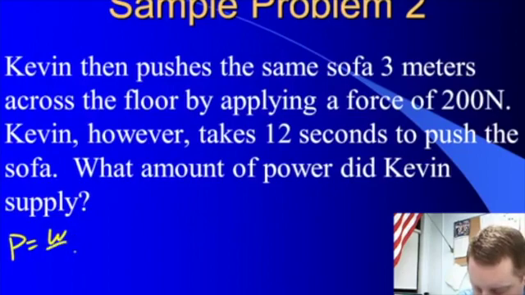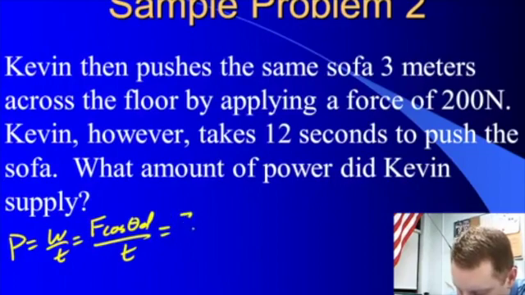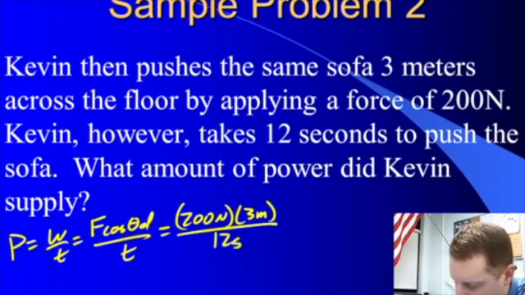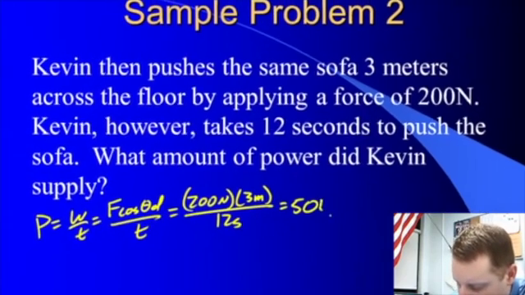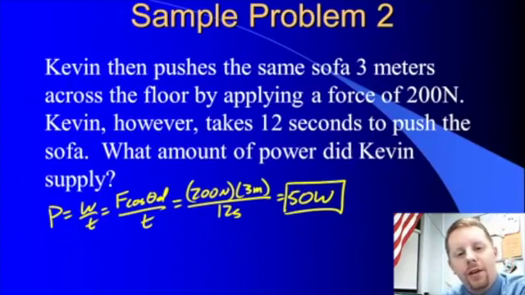Power equals work over time, which is going to be force, cos theta, times d over t, and again cos theta is going to be the cosine of 0, or 1, so that's going to be our force, 200 newtons, times 3 meters, our displacement, over 12 seconds, for a total power output of 50 watts. Same amount of work, took him twice as long, so Kevin supplied half the power.